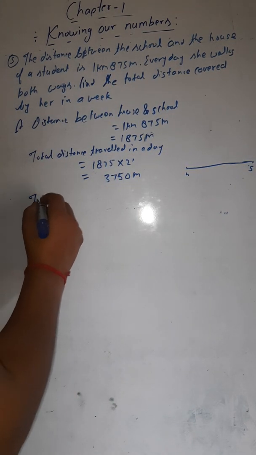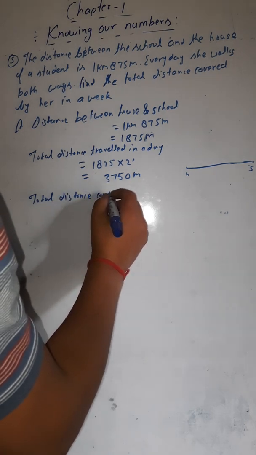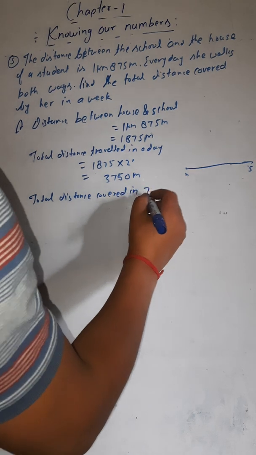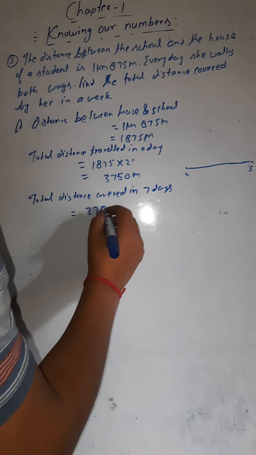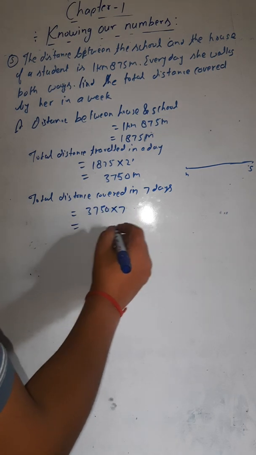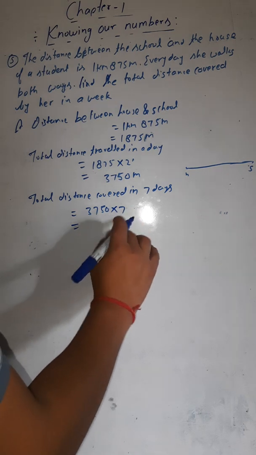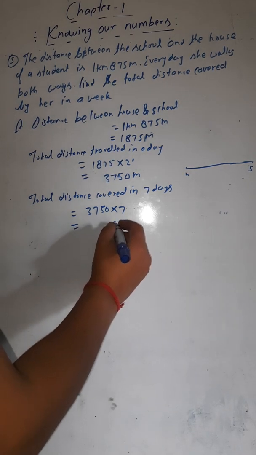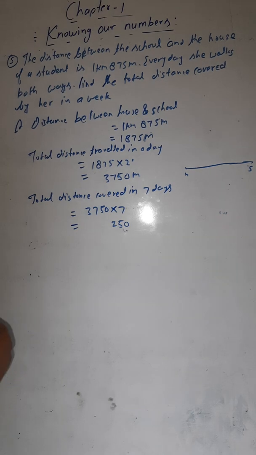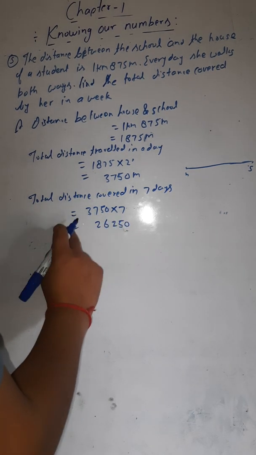So you write total distance covered in 7 days would be equal to 3750 multiplied by 7. 7 0 is 0, 7 5 is 35, carry 3, 7 7 is 49, 49 plus 3 is 52, carry 5, 7 3 is 21, 21 plus 5 is 26.